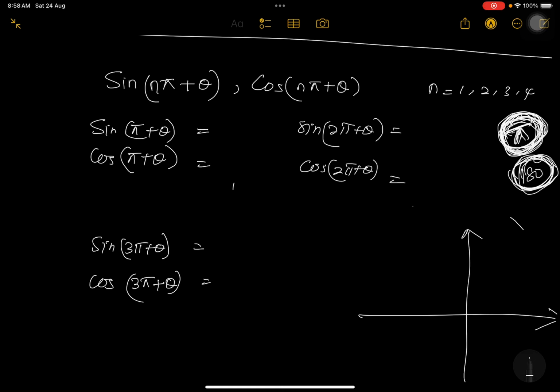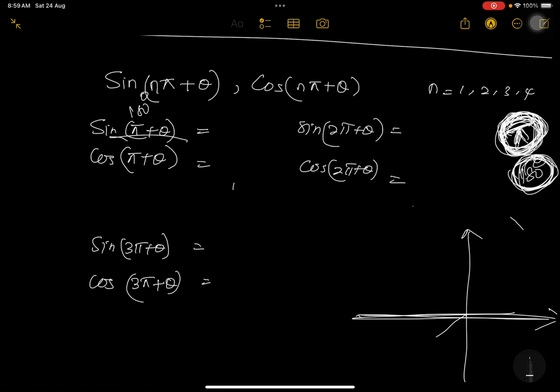So instead of 180 degree, we can use pi radian. So pi is just 180. At the moment just remember pi is 180. Instead of putting 180 here, I have put pi here. So pi means 180, this horizontal line.